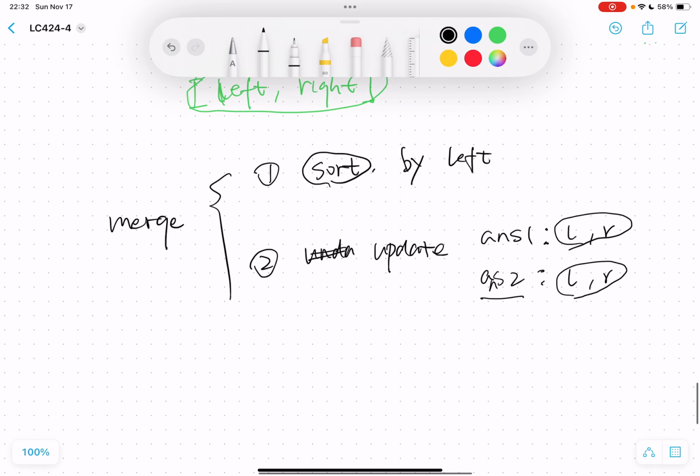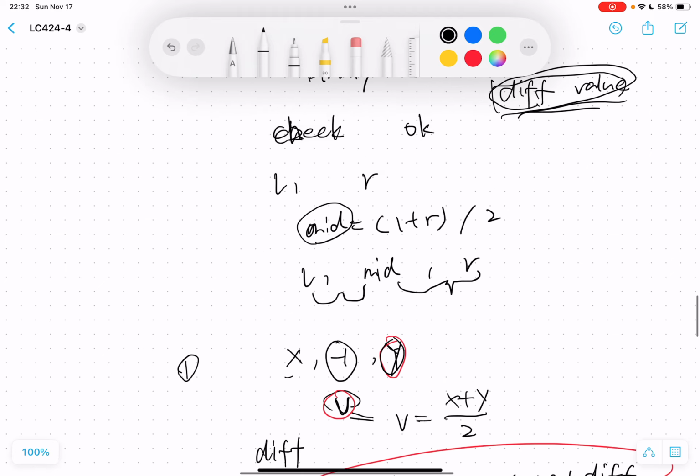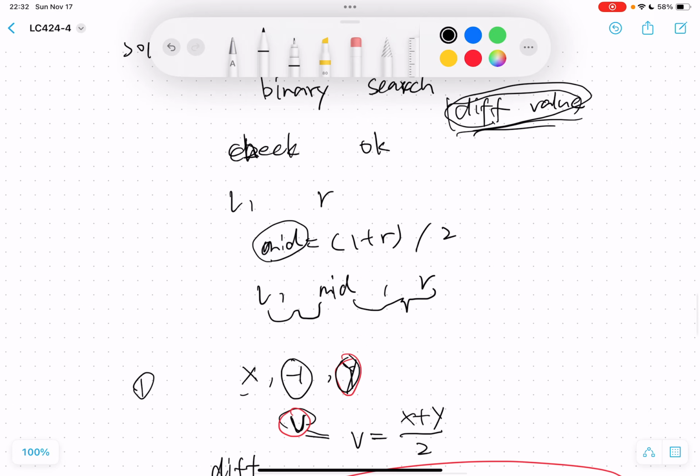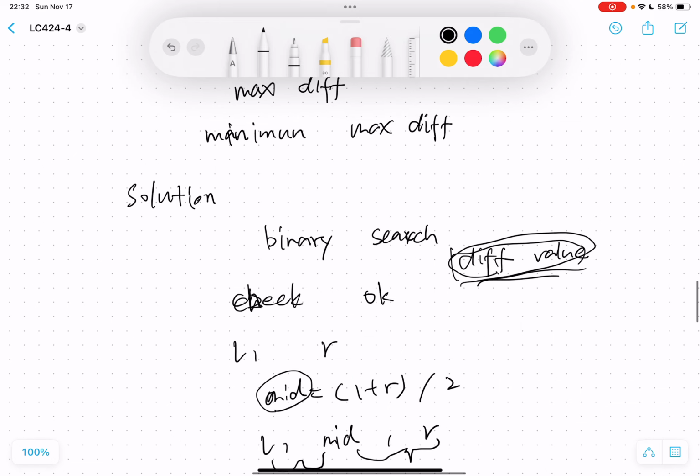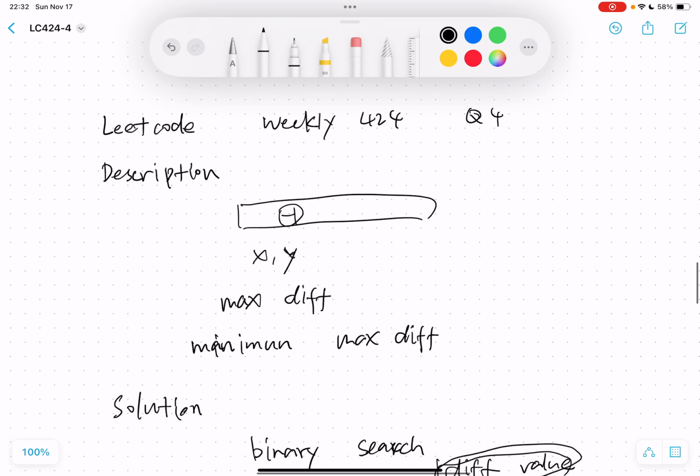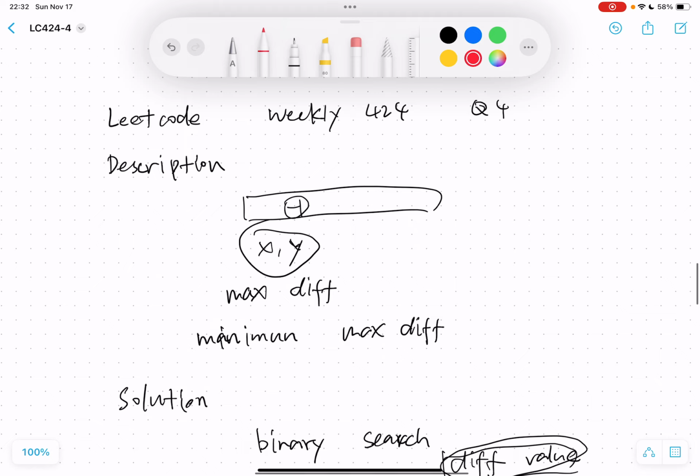So, if we can get a valid L and R for answer 1 and answer 2, that means these are two indices, X and Y, in the description of the problem.